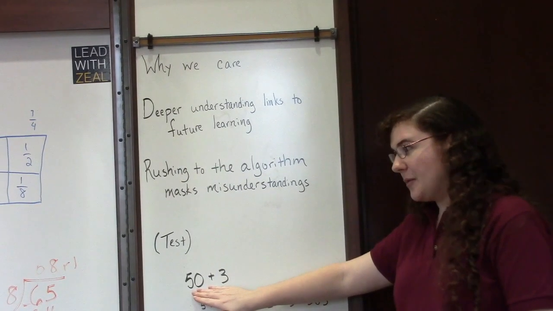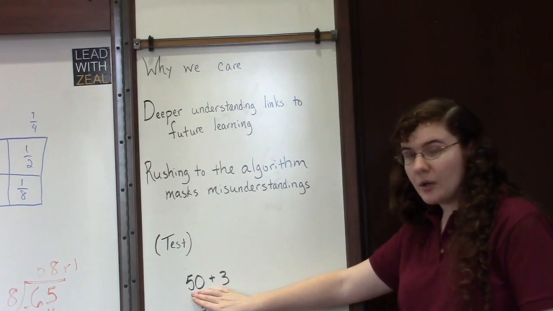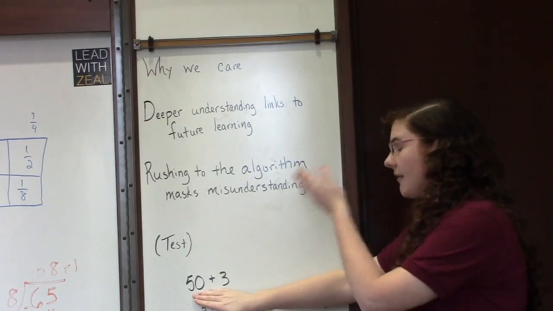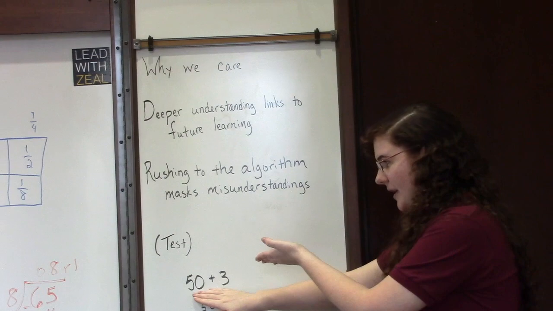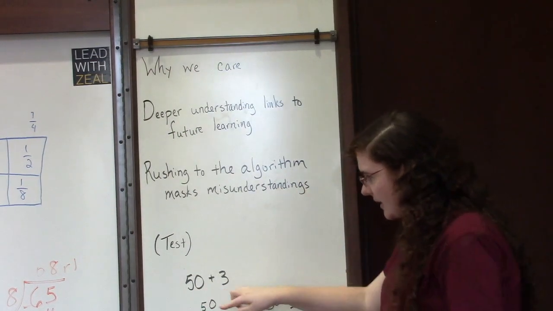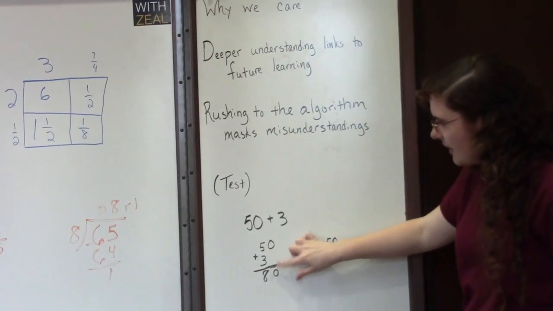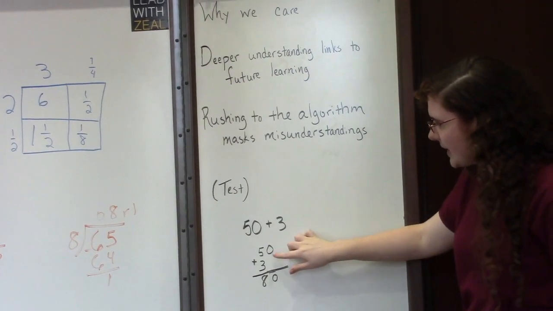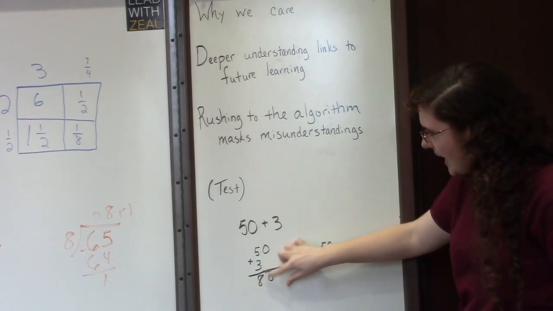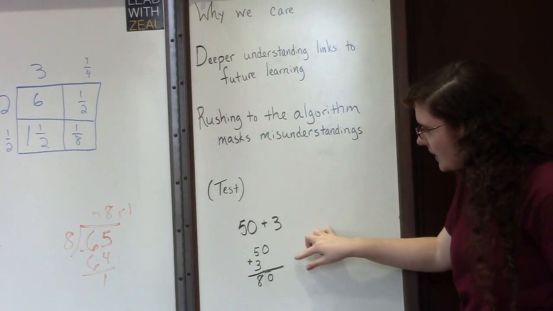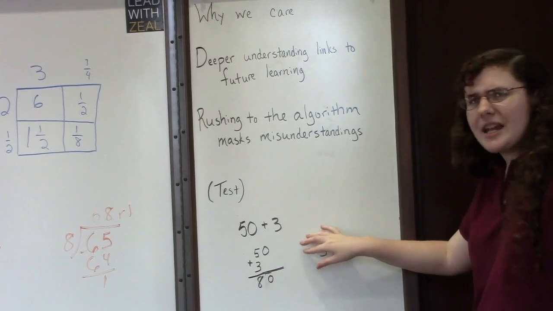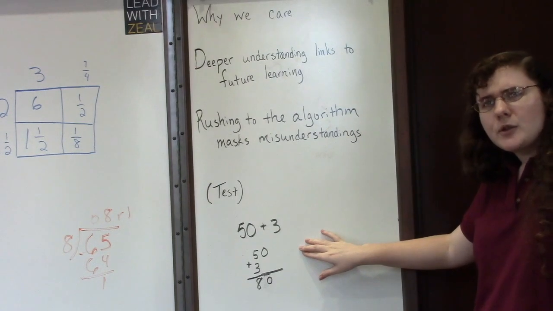Well, everybody knows when you have a double-digit number, what you ought to do is line up the 50 and put the 3 underneath it, right? And then you just add, and you end up with, let's see, the 5 plus the 3 gets you an 8, and 0 with nothing gets you 0. So then the answer is 80, right?